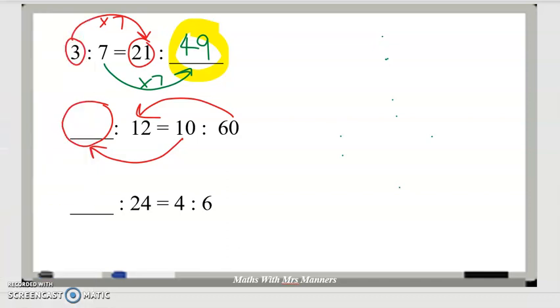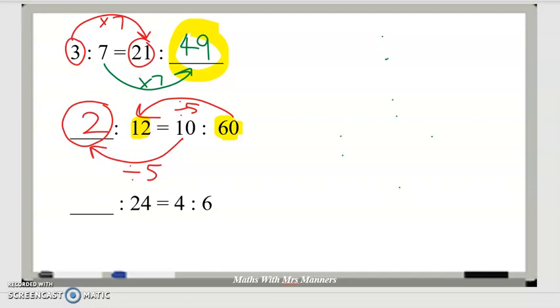To go from 60 to 12, this time around I'm getting smaller, so I need to divide by 5. And if I'm dividing by 5 that way, then to get the first number in my first ratio, I'll use that exact same operation. So 10 divided by 5 gives me 2, and that gives me my missing number in the ratio.